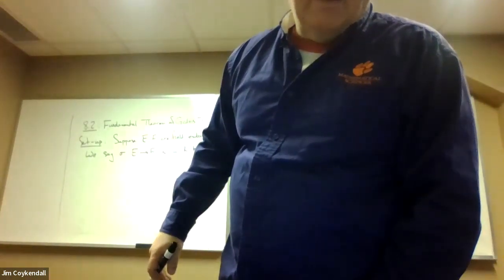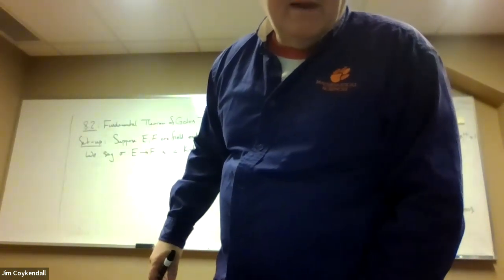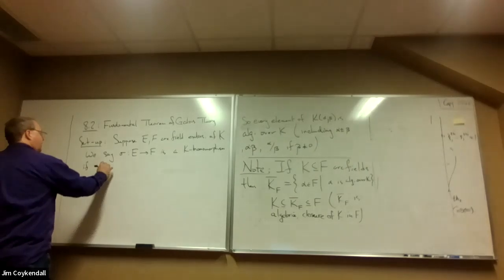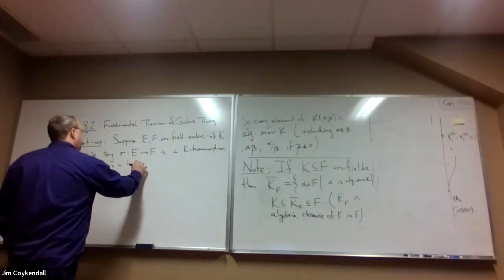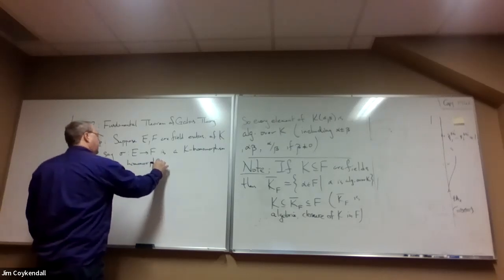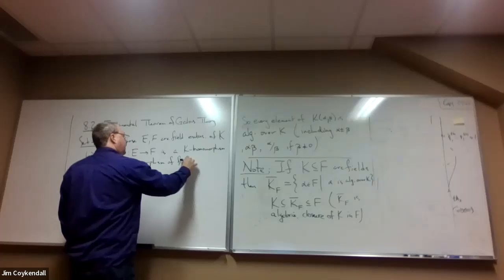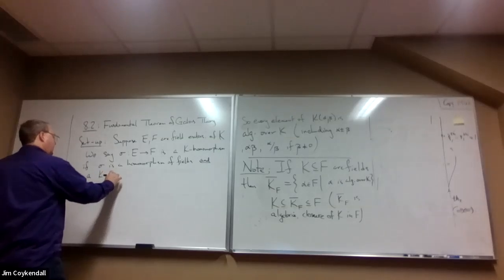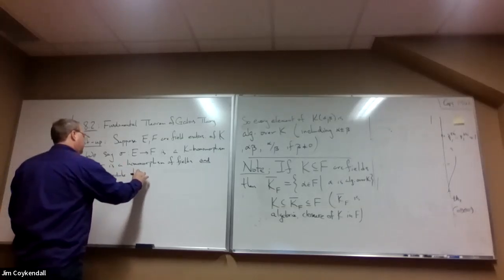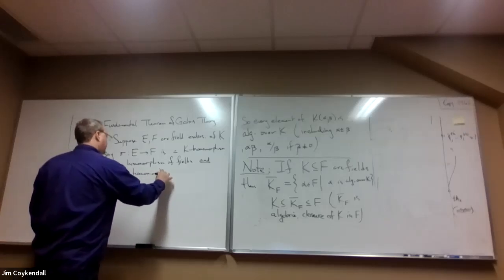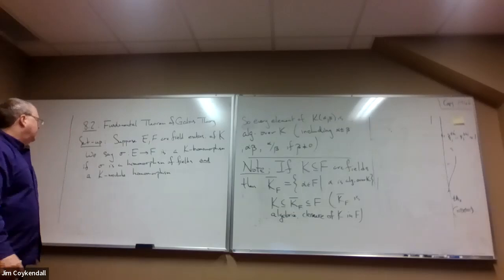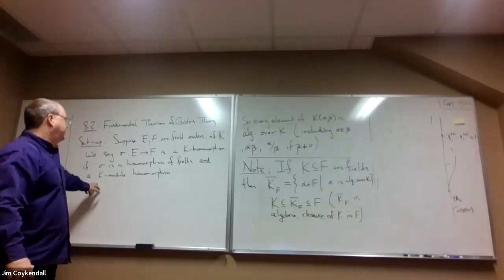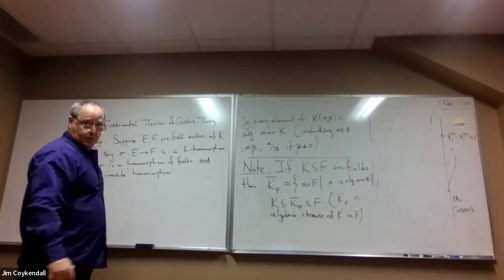But anyway, we call this a K homomorphism. Notice that E and F are field extensions of K, so these are both vector spaces over K. So in that sense, this is what I mean by a K module.